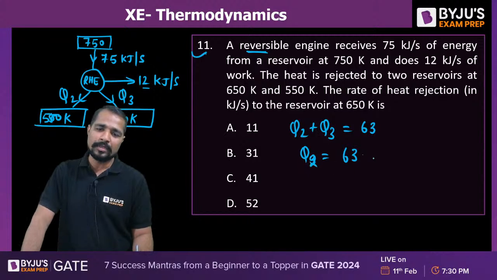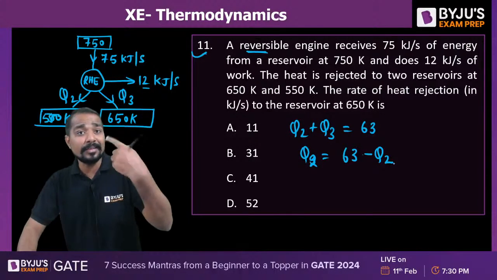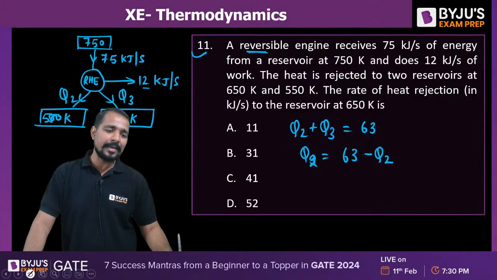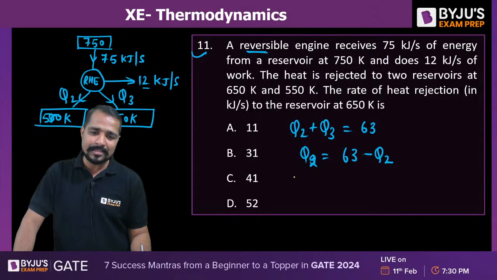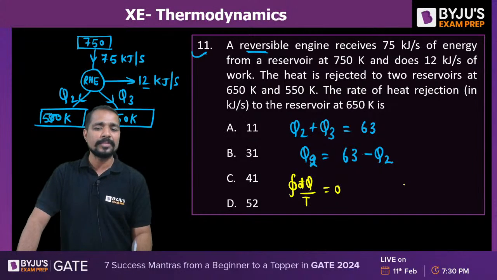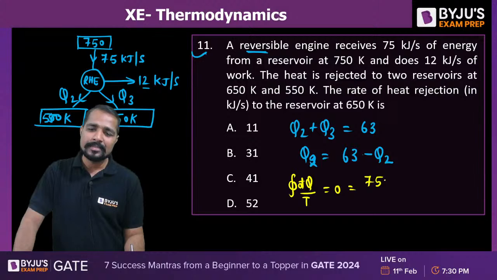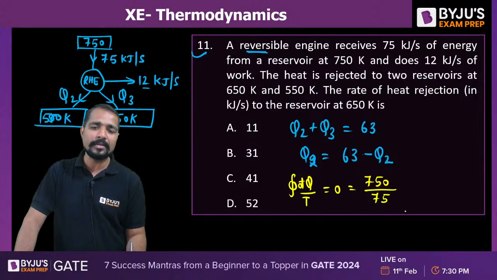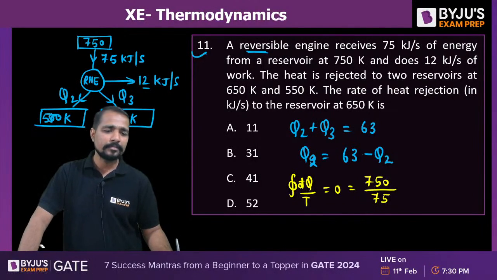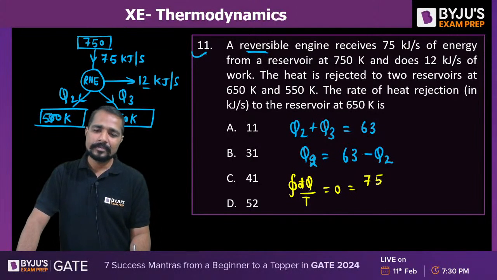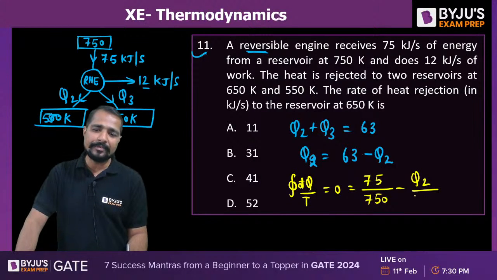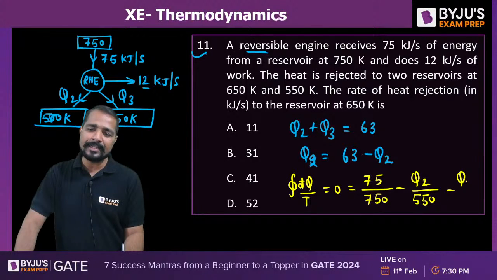We can write Q2 is 63 minus of Q3. Again, reversible heat engine is there. Can be apply the equation of Clausius inequality law, that is del Q by T will be equal to 0. Like, very good. 75 divided by 750 minus Q2 divided by 550 minus Q3 divided by 650 is equal to 0.